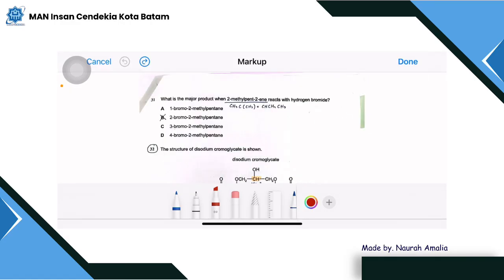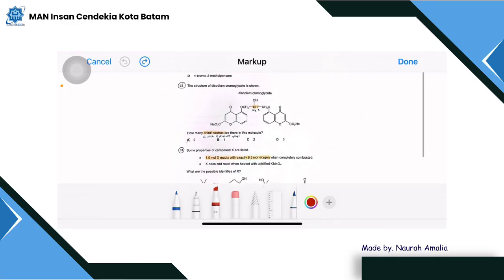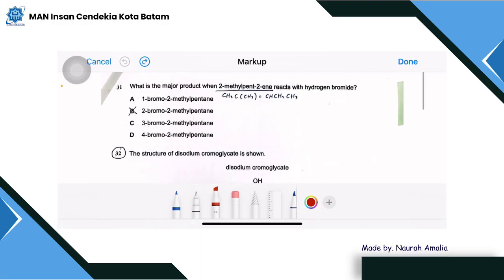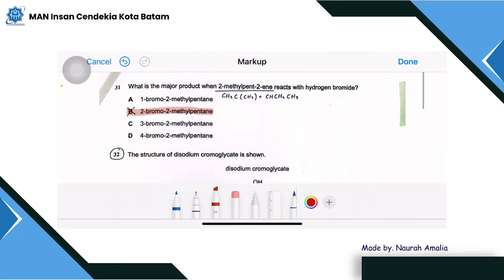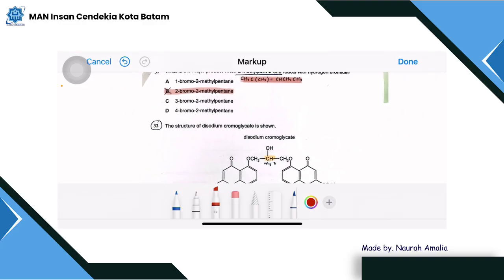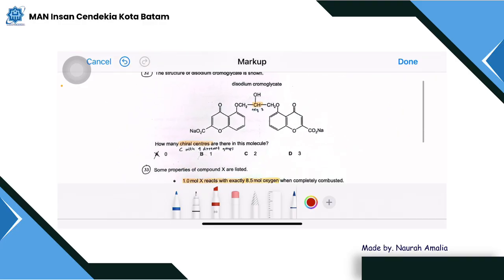I will answer quickly from question number 31 until 33. Question number 31. What is the major product when 2-methyl pentane reacts with hydrogen bromide? The correct answer is 2-bromo-2-methyl pentane. This is visualized. Question number 32.